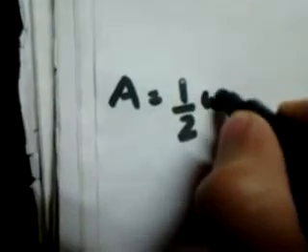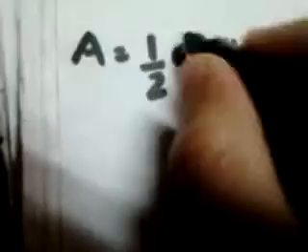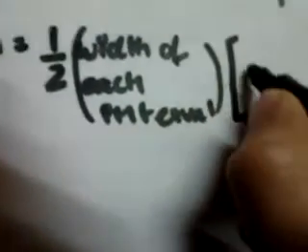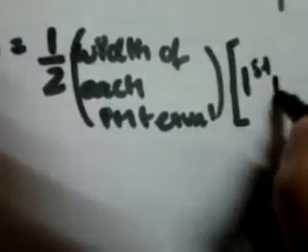Now let me write down the formula for the area using the trapezium rule. The area equals half the width of each interval, 1/2 the width of each interval, times the first height.